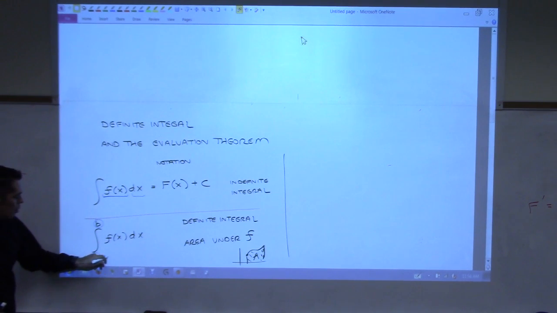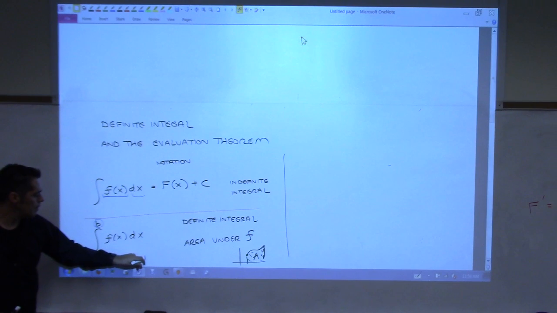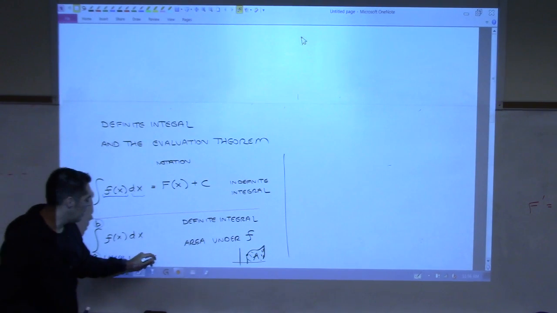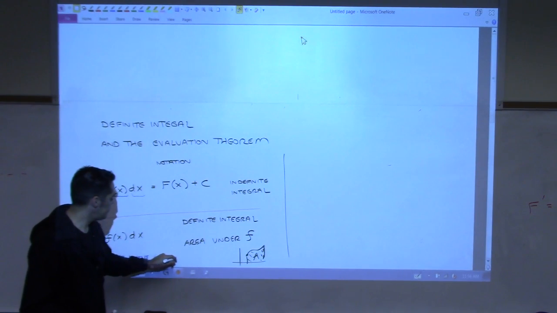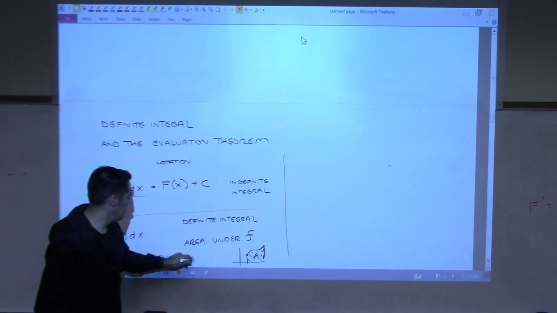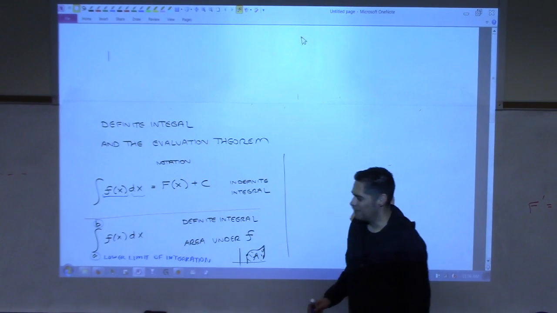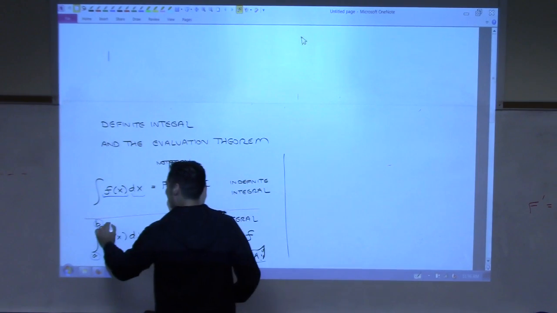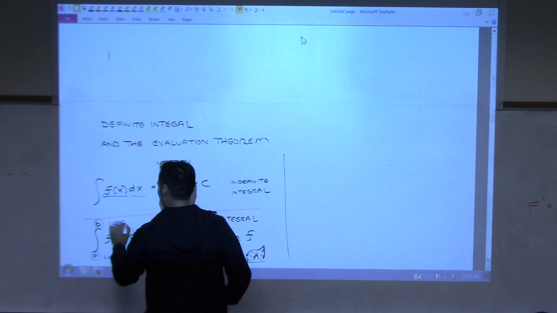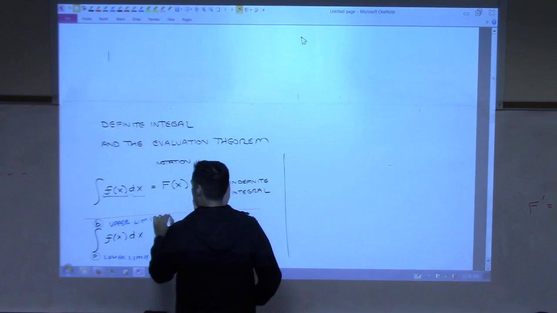This is called the lower limit of integration. And what do you think the one on top is called? The upper limit of integration.